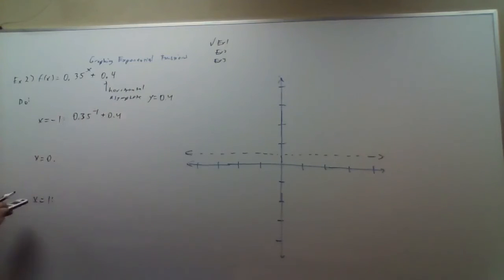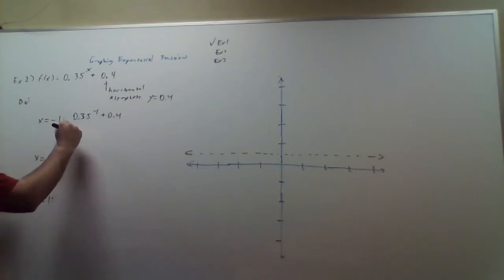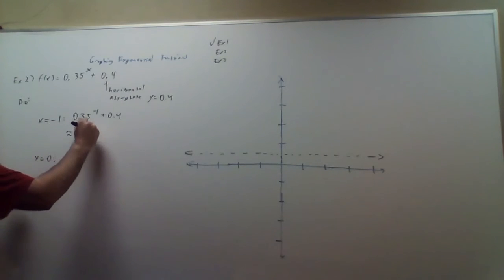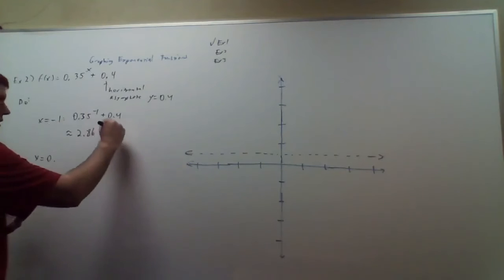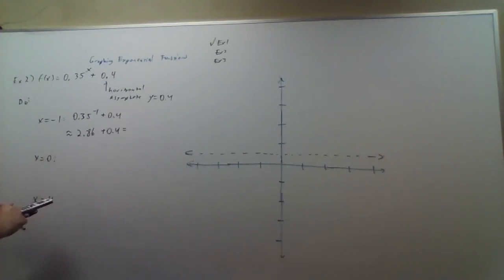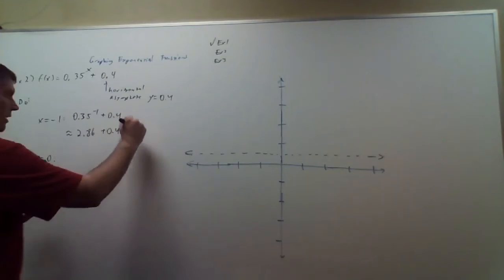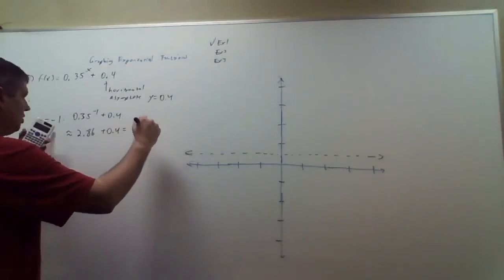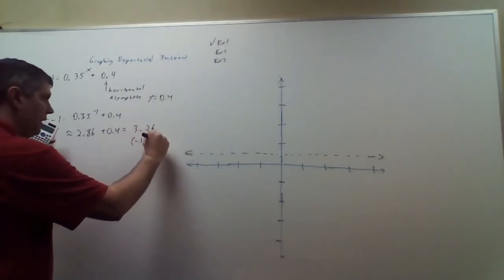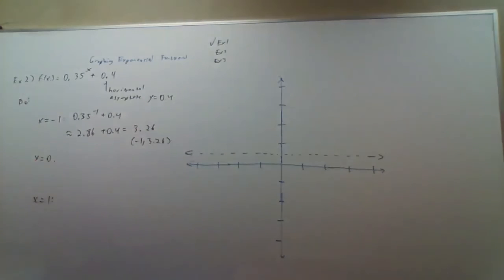I have approximately 2.86 plus 0.4, approximately 3.26. So we have negative 1, 3.26.